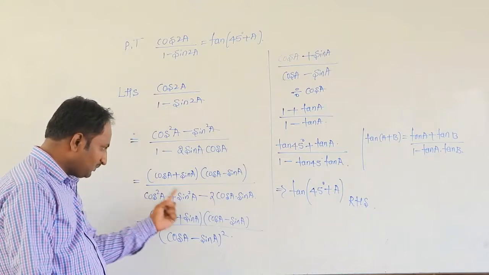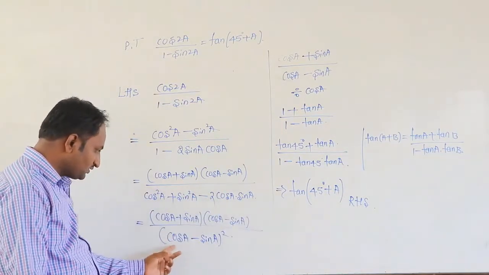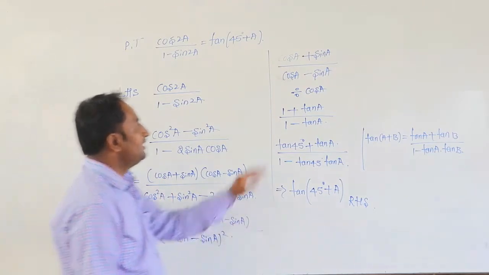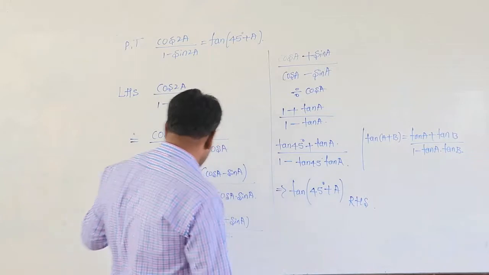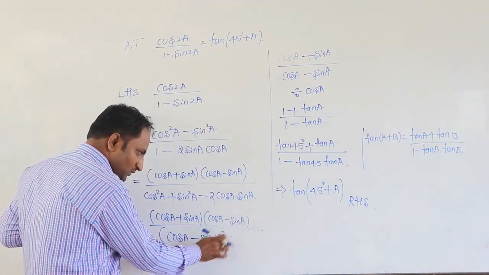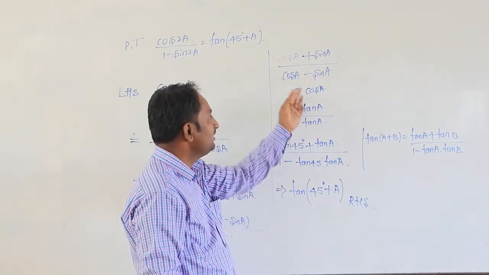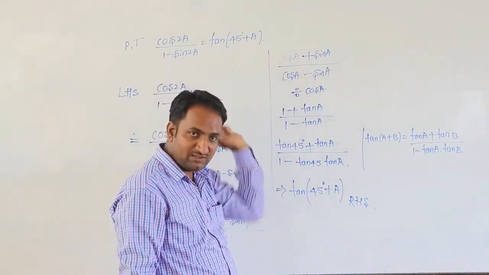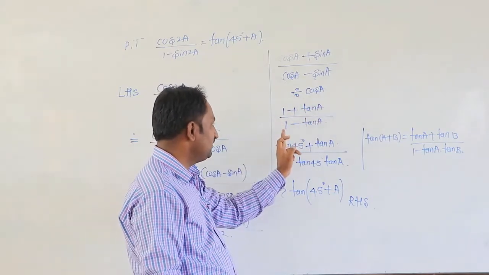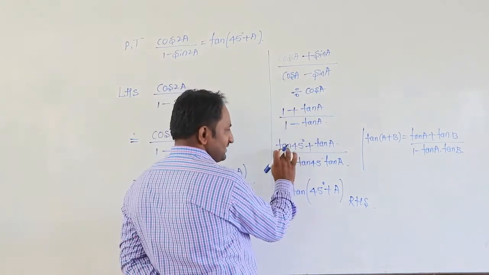Here a square plus b square minus 2ab implies (cos A minus sin A) whole square form. Then (cos A minus sin A) whole square, one gets cancelled, divided by cos A minus sin A. Dividing numerator as well as denominator by cos A, we get 1 plus tan A divided by 1 minus tan A.